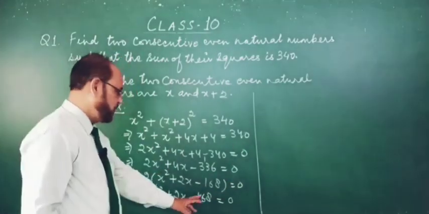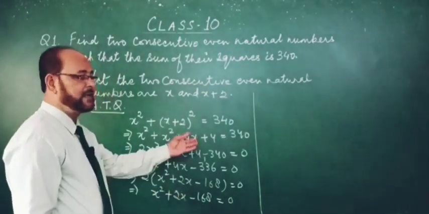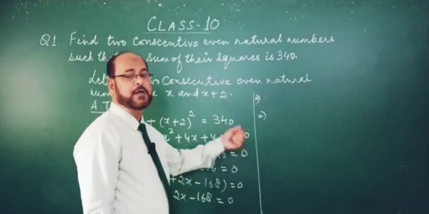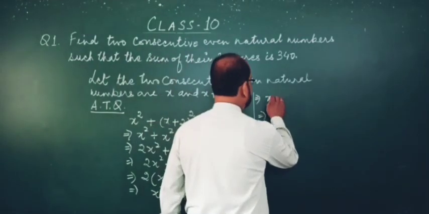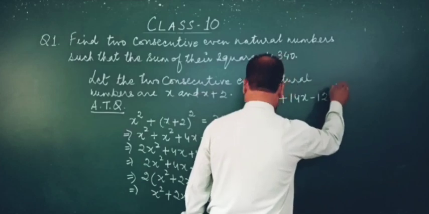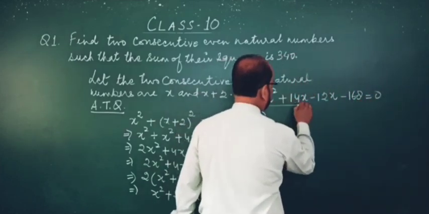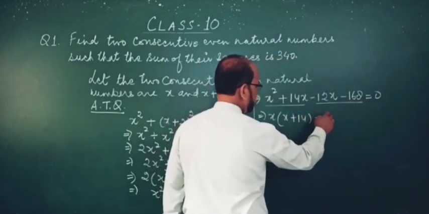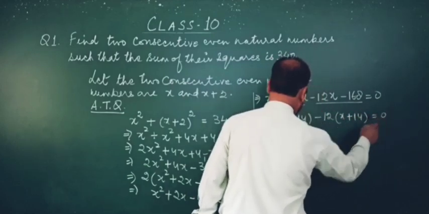This is the standard form of quadratic equation. Now our job is to find two such factors of 168 whose sum or difference is equal to 2. So the two factors of 168 will be 14 and 12 and the difference will be 2. So we will write it as x square plus 14x minus 12x minus 168 equals 0. Make pairs of two numbers. x will be common, and 14 minus 12 will be common, then x plus 14 equals 0.